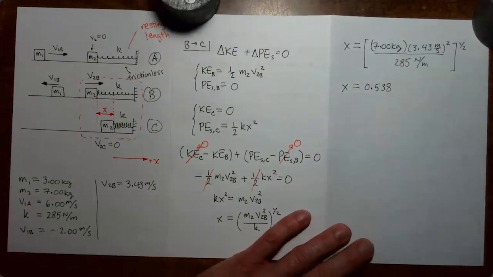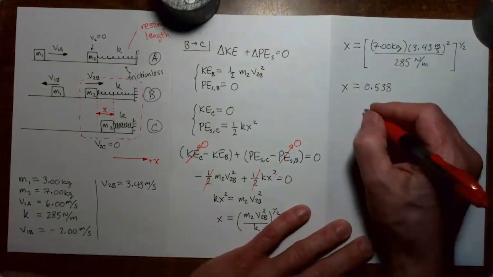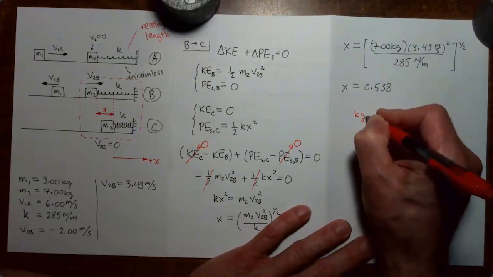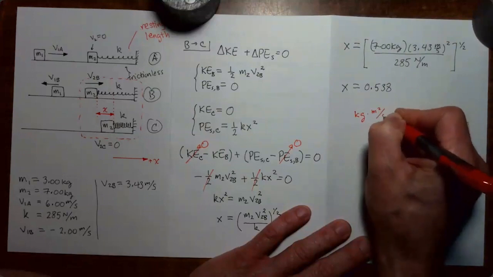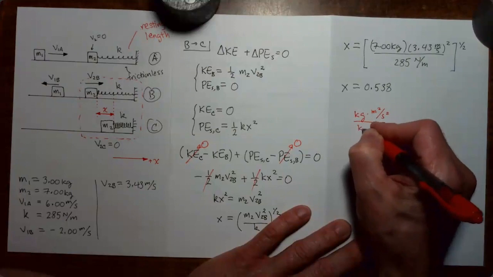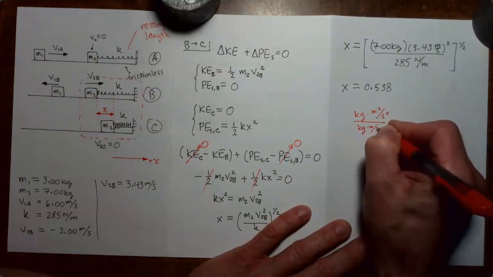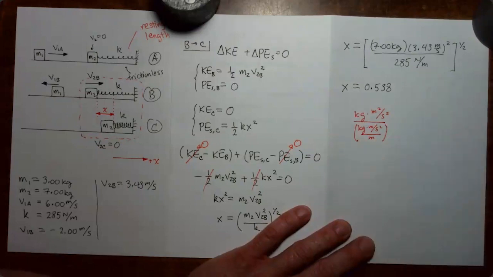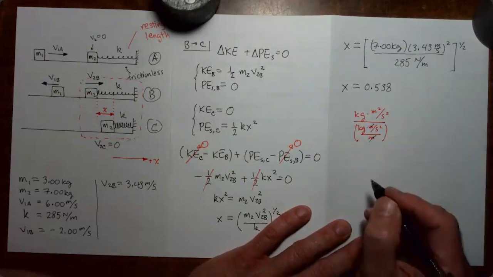Now, since we're solving for a distance here, we would like this to come out to be meters, but let's make sure. So in the square root here, we have in the numerator kilograms times meters squared over seconds squared. Now in the denominator, we have newtons. Newtons is kilograms meters per second squared, but then also in the denominator, meters. So meters cancels meters down here.